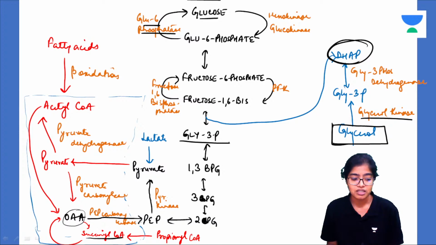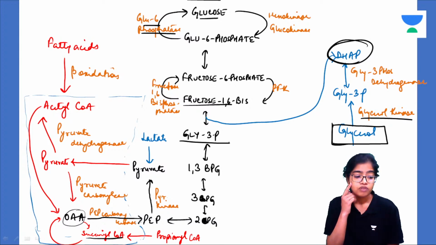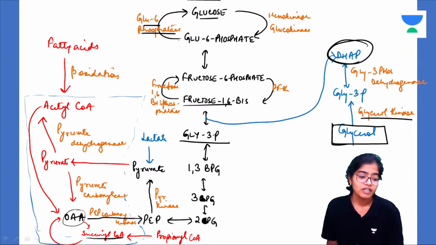This is a reversible step. It will form fructose 1,6-biphosphate very easily because it is reversible. Now fructose 1,6-biphosphatase will act on it to produce fructose 6-phosphate. It is reversible. It will form glucose 6-phosphate. Now glucose 6-phosphatase will act on it to produce glucose.